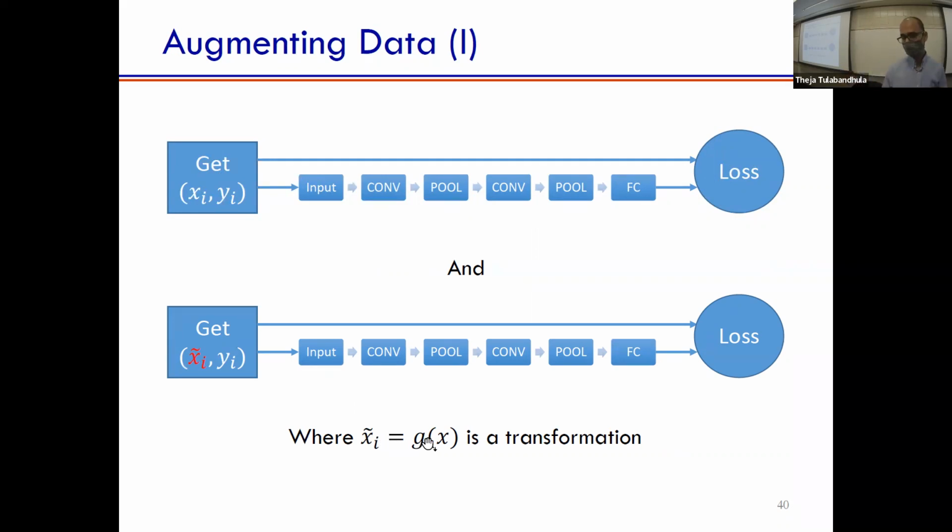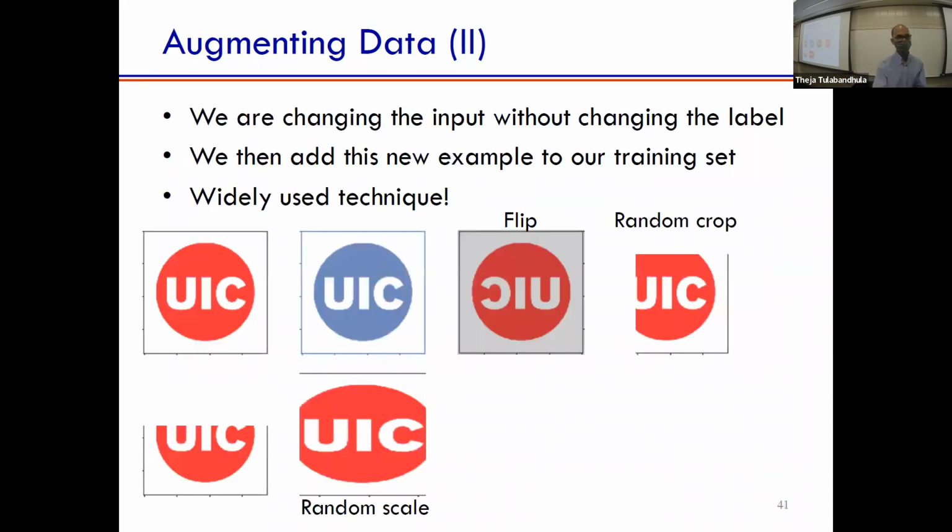This makes sense for images, as you see in this figure. Irrespective of whether it's the original image, let's say this logo, or a slightly cropped, flipped, or scaled image, ideally you would still want to get the same class, let's say logos versus something else.